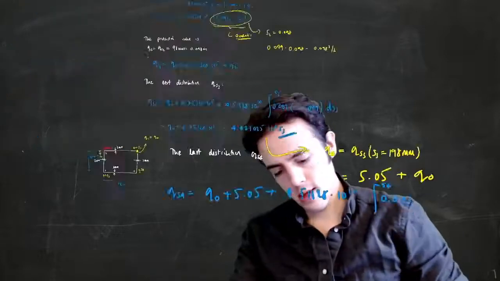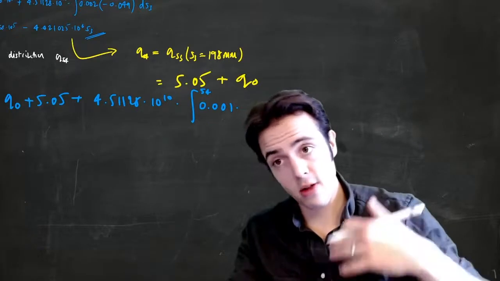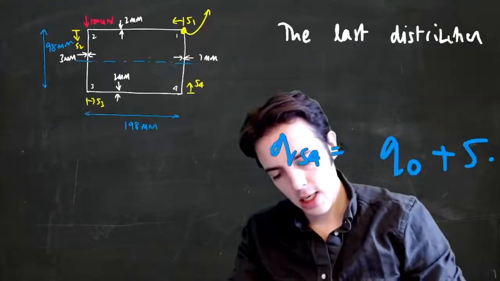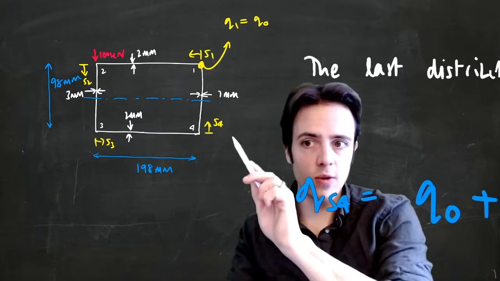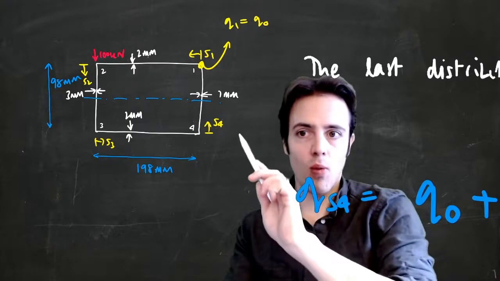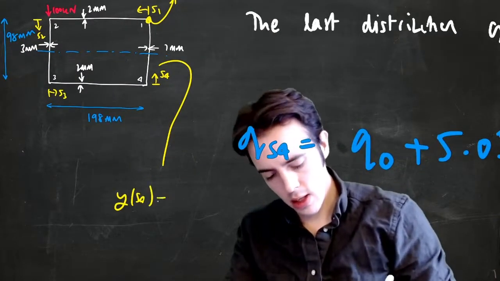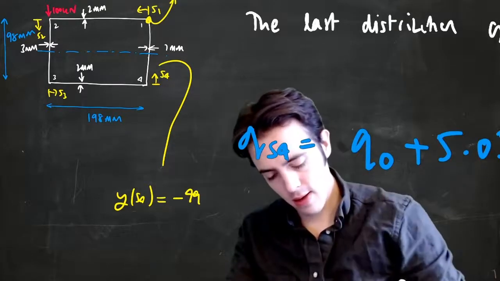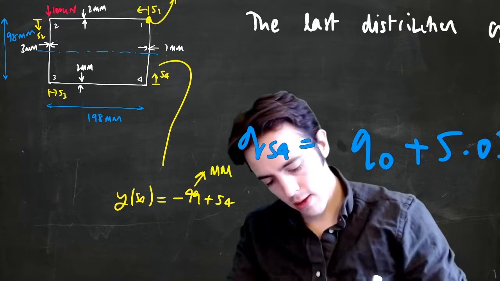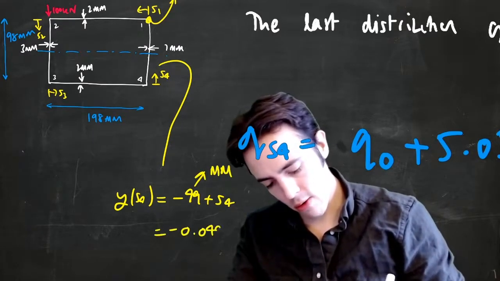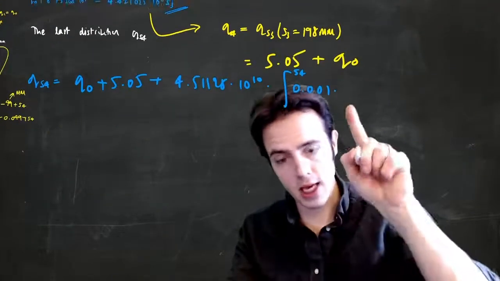And then we need to know what the y displacement as a function of S4 is. When S4 is 0, y is minus 49, and it only gets bigger. So y as a function of S4 is equal to minus 49 millimeters plus S4, so that's minus 0.049 plus S4. We can put that into here now.